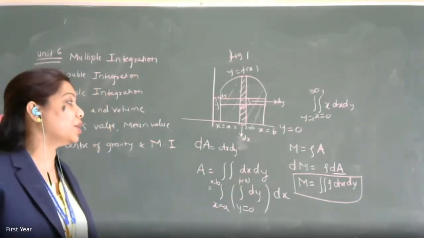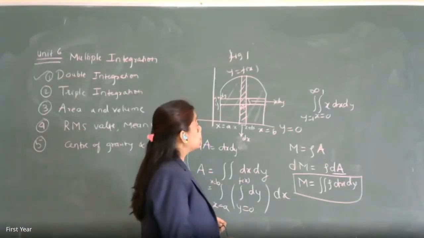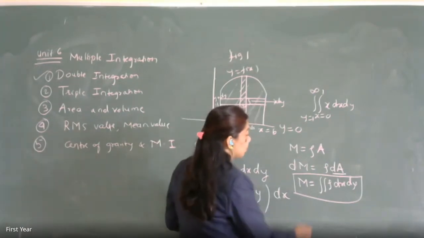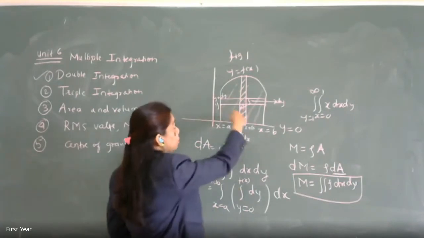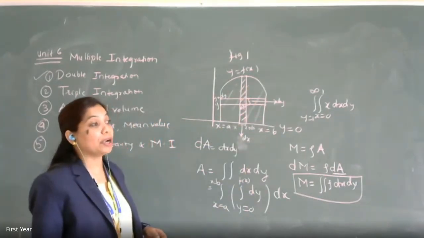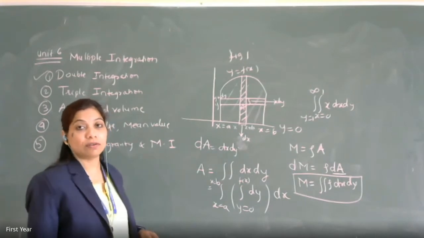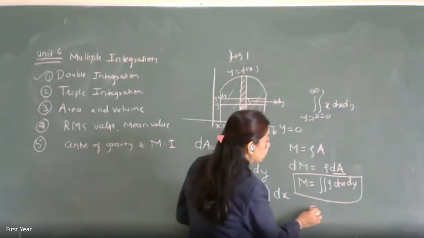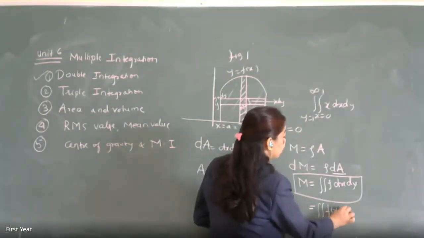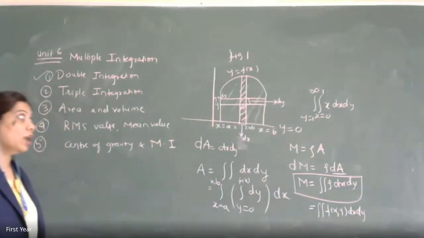M is equal to double integration rho dx dy, where rho is the density of the objects or particles which are present in the area, which can be a constant or a function depending on xy.